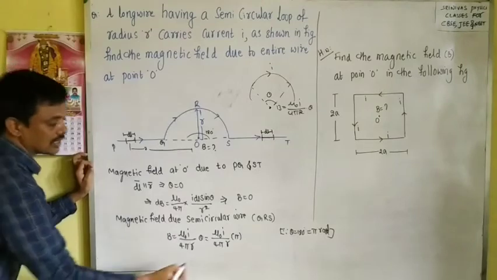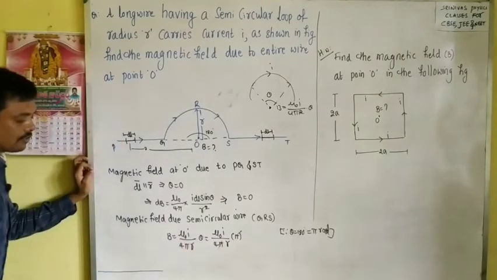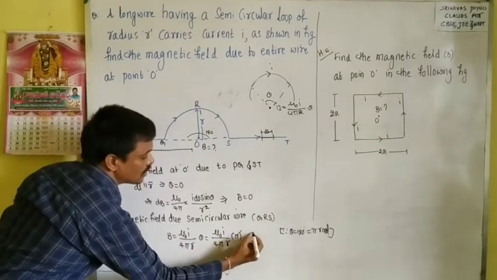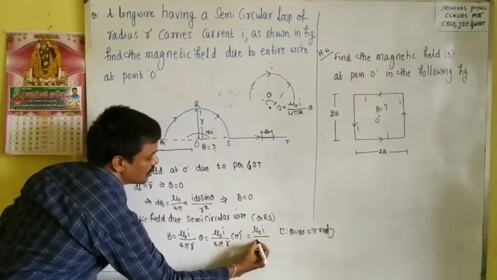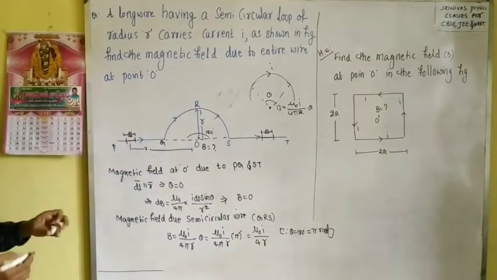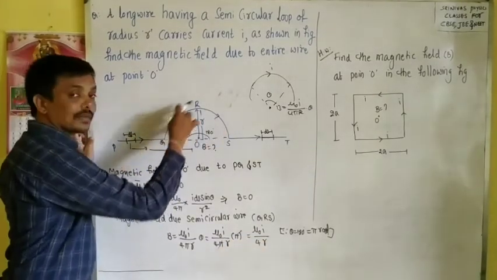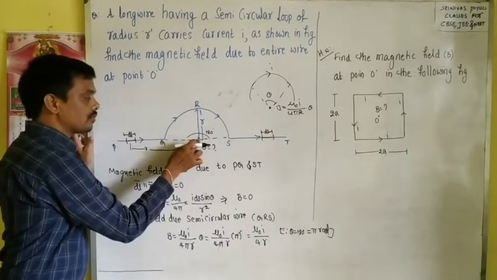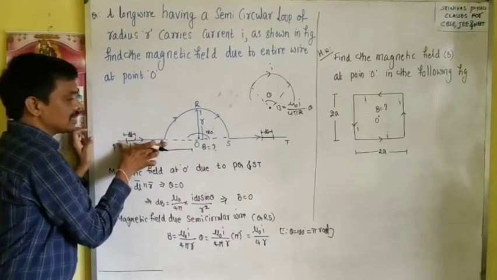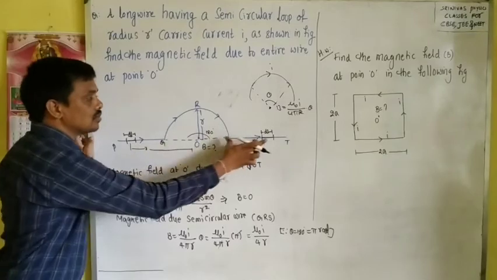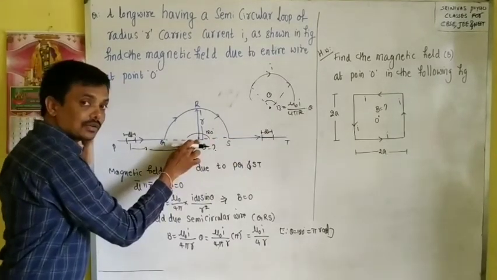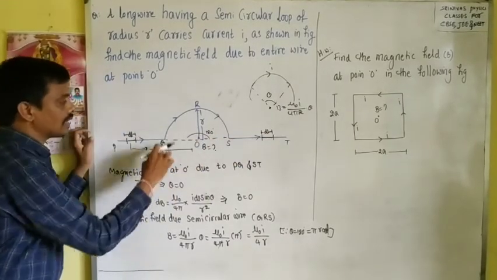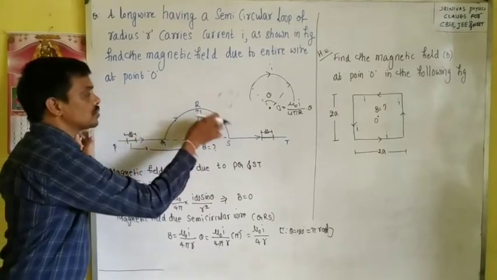Thus we substitute here, pi will cancel. Then what final formula will you get here? Mu naught I by 4r we will get. Magnetic induction due to the semicircular wire is mu naught I by 4r. Due to this part magnetic induction is 0, due to this part magnetic induction is 0, right? Then the total magnetic induction at this point is only due to the semicircular wire.